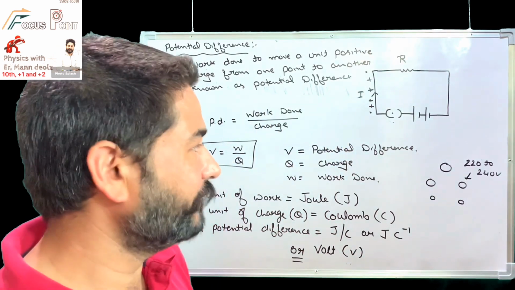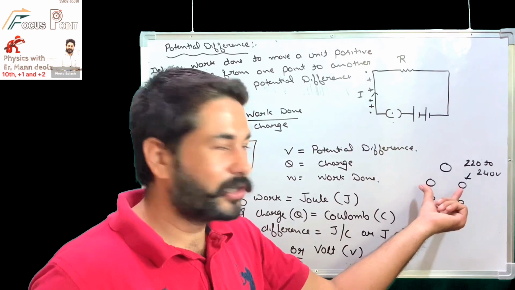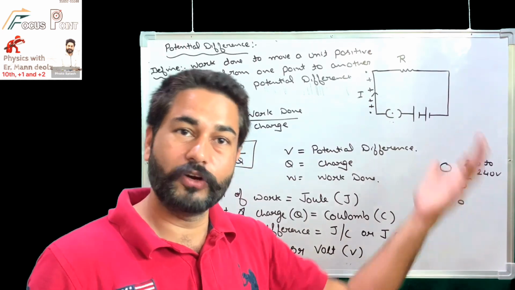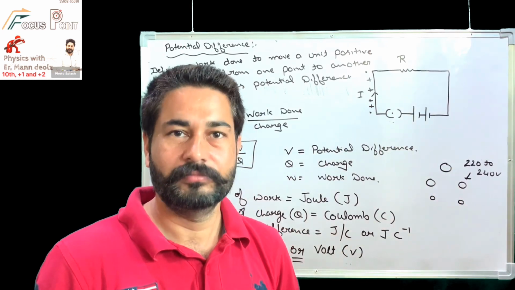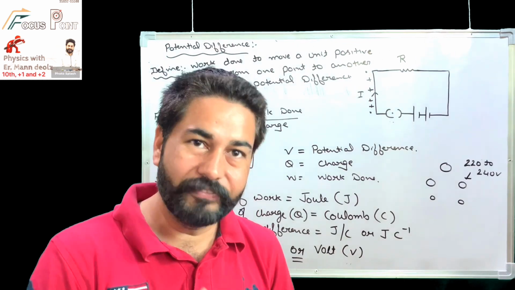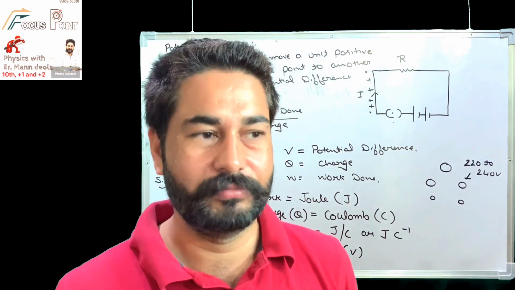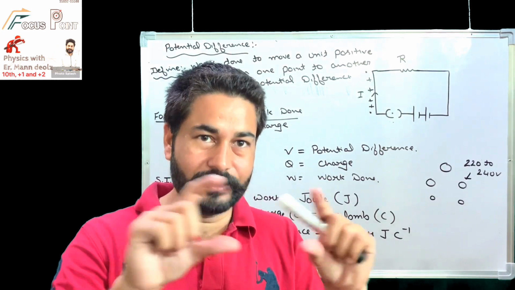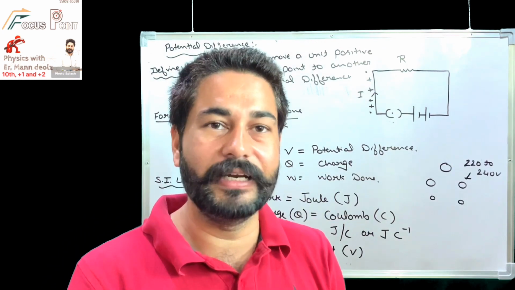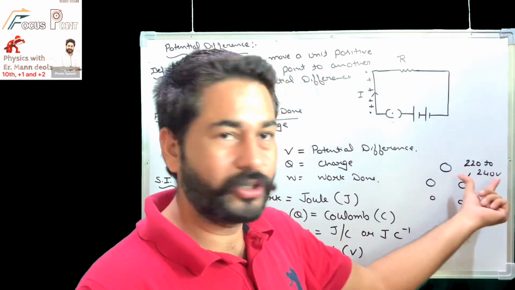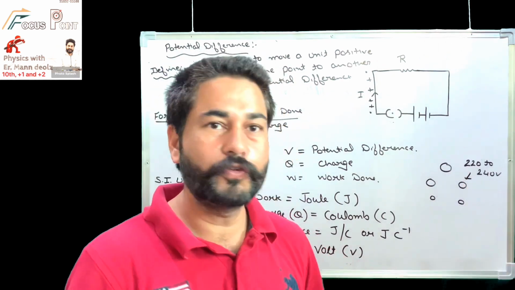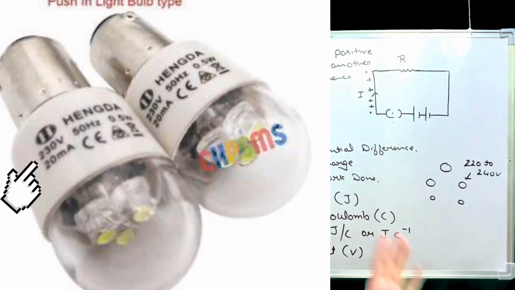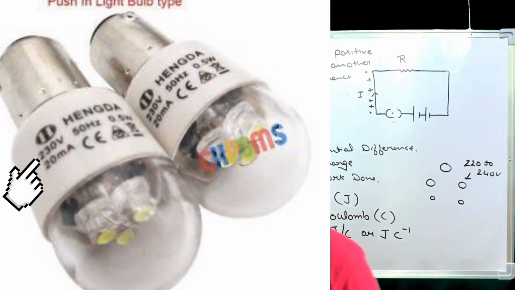That is a potential difference, across these points from the government side in India. So on every device you run in your homes in India, just check the labeling on the device. It would be written that it works on 220 to 240 volt, whatever the device is. It can be a lamp, a trimming machine, even a bulb.